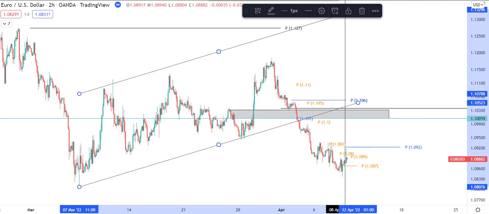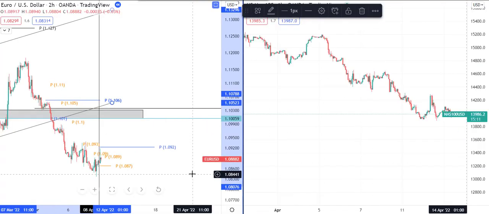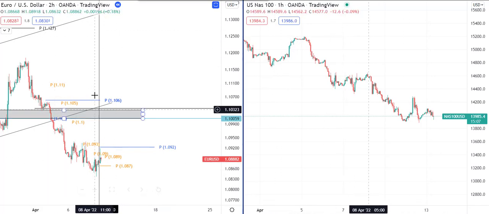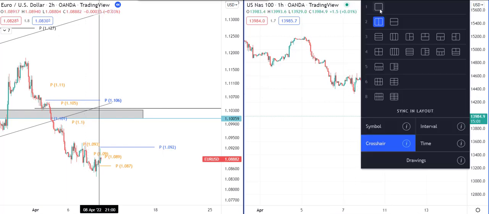TradingView has that option. You can break the layout into 2 screens, and in one, for example to the left, you put the 15-minute chart, and here whatever, 2 hour, 4 hour, or daily, whichever is best for you.